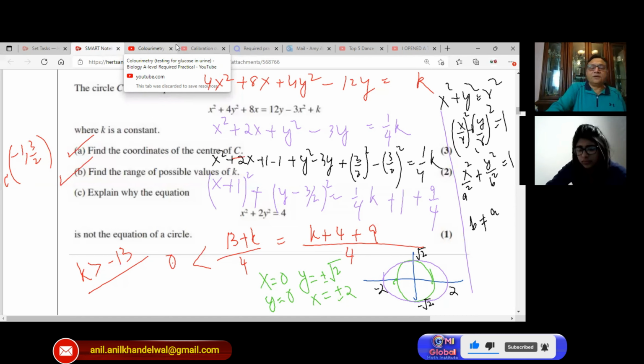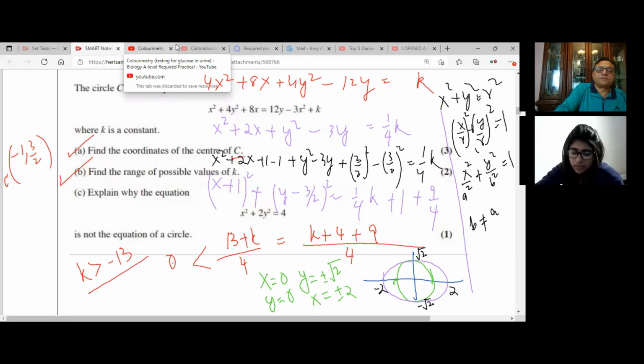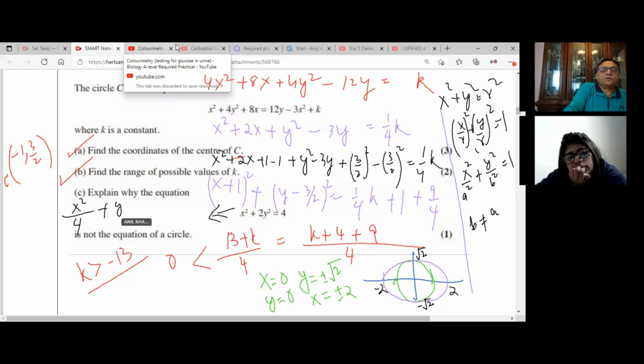In this case, if I divide everything by 4, what do I get? x squared over 4 plus y squared over 4 divided by 2, which is 2, right? Do you understand? Yeah, half.